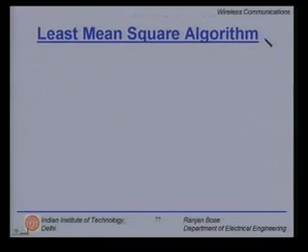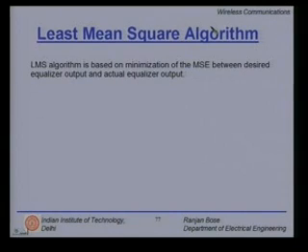A more popular one is the least mean square algorithm, also called the LMS algorithm. The LMS algorithm is based on minimizing the mean squared error between the desired equalizer output and the actual equalizer output. So, it works purely on minimizing the MSE.